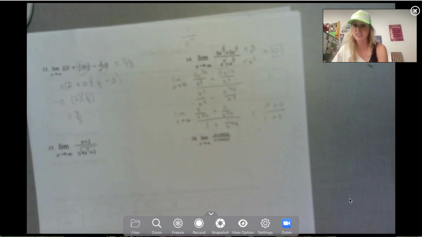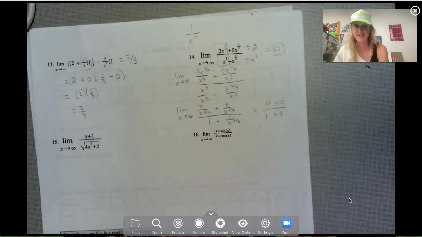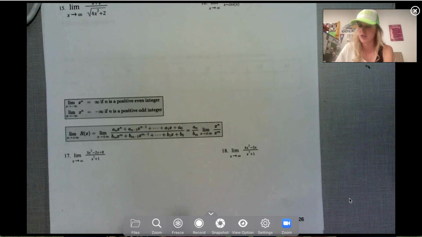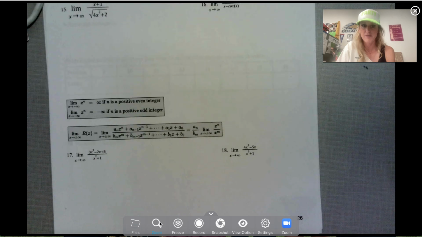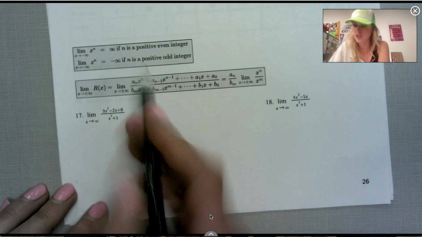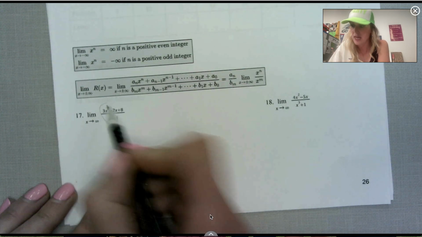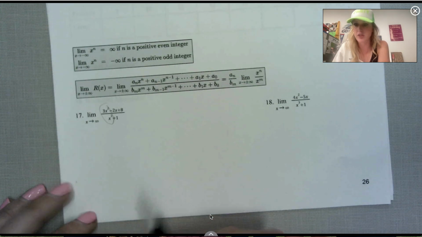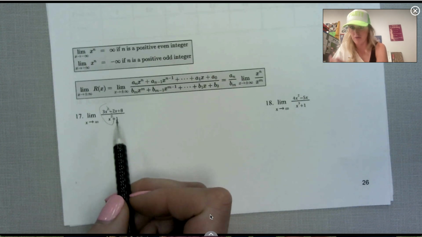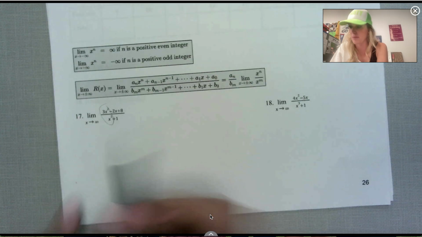Okay, I'm actually going to skip down to 17 and come back, because 17 is another one just like that. So if I'm looking at this guy, I can kind of ignore the rest and just look at the highest powers. Now in this case, these powers are equal. So these ones, if I divided all of them by x squared, they'd just go to 0, okay? Just like we did longhand in that previous one.